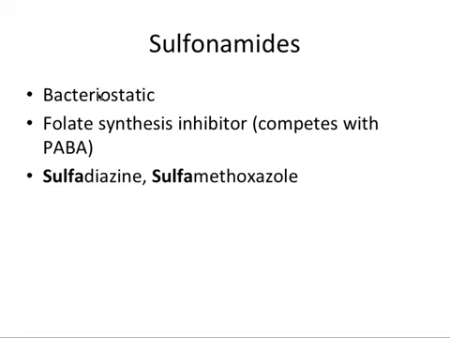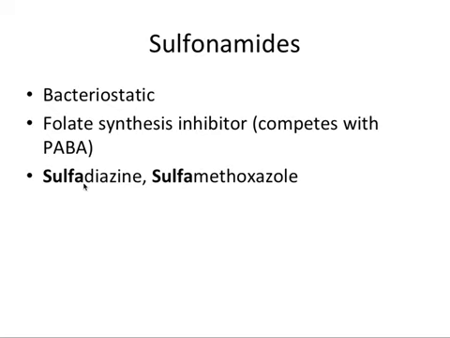So sulfonamides, bacteriostatic, and their specific mechanism, which is probably even more important to know, is that it's a folate synthesis inhibitor. And it competes with PABA, which is para-aminobenzoic acid. But the important thing here is that it causes a folic acid or folate deficiency, and therefore impacts the DNA of the bacteria.